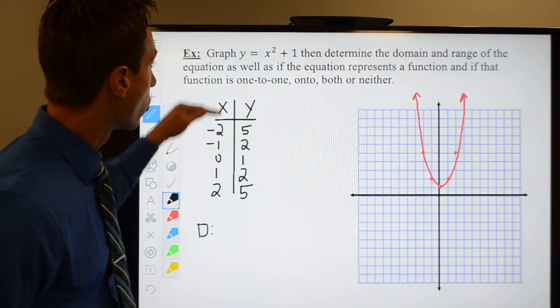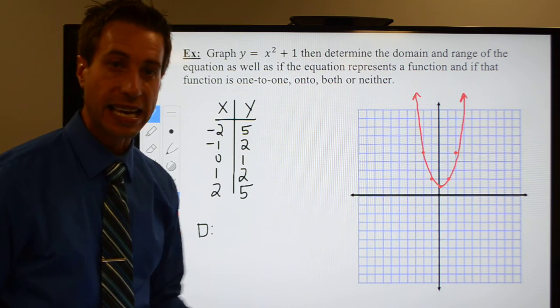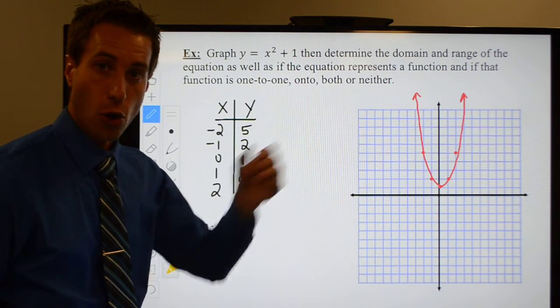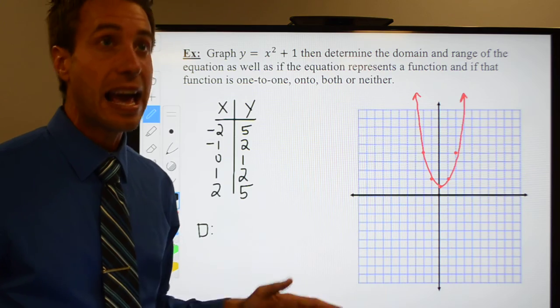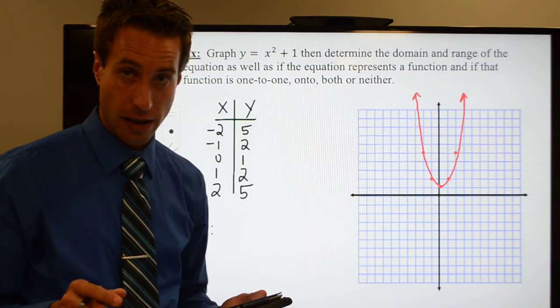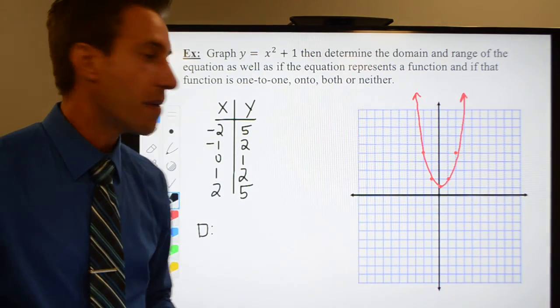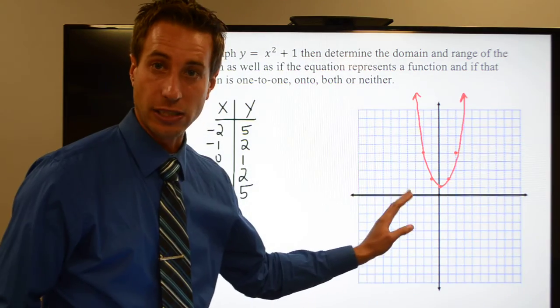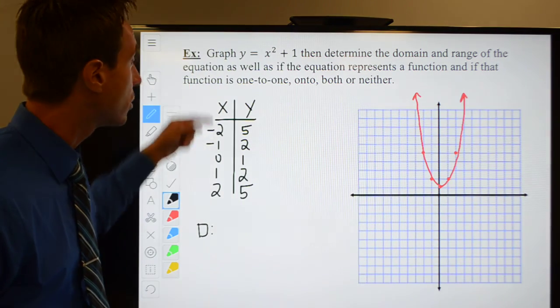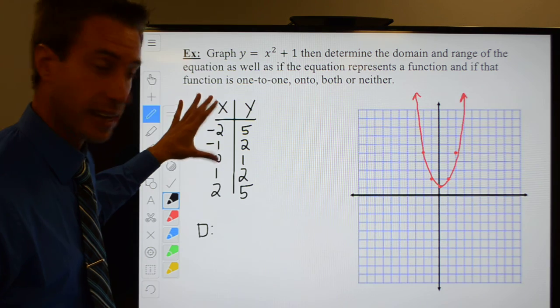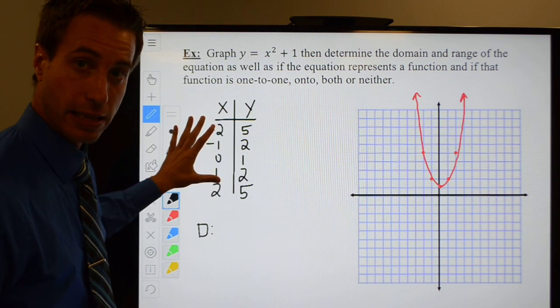So this function will never, ever be negative. But that doesn't apply to my domain because I am choosing negative values for x. And the x values are my domain.